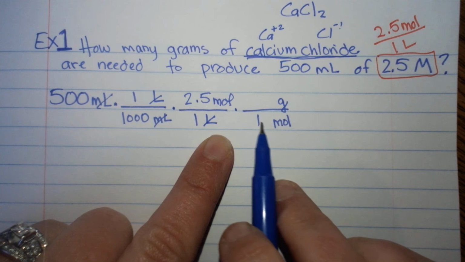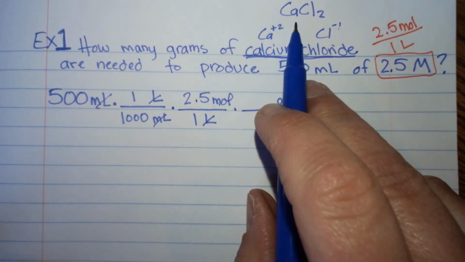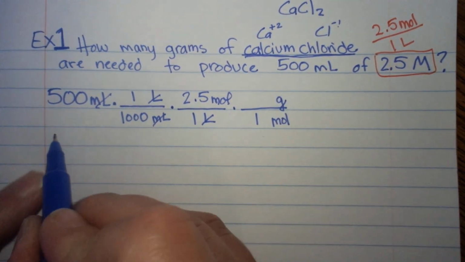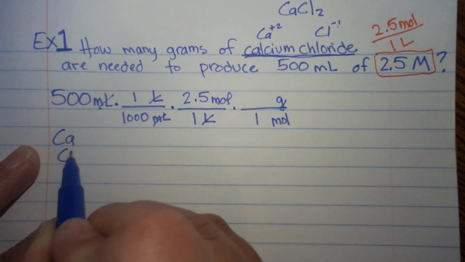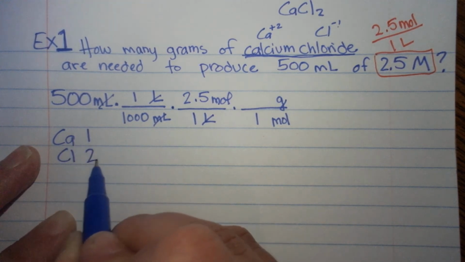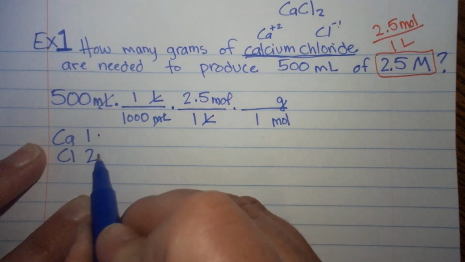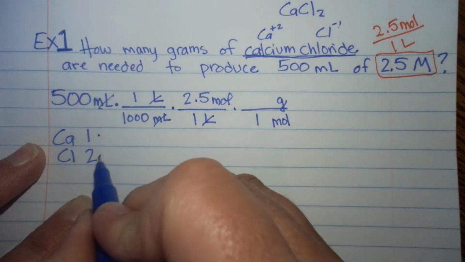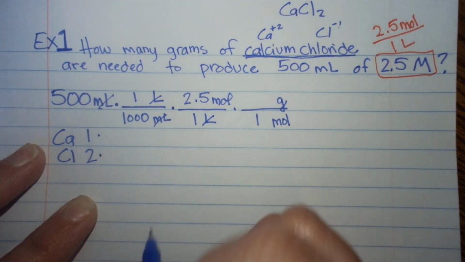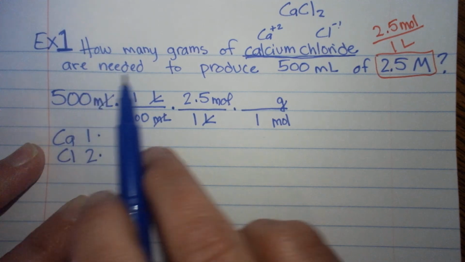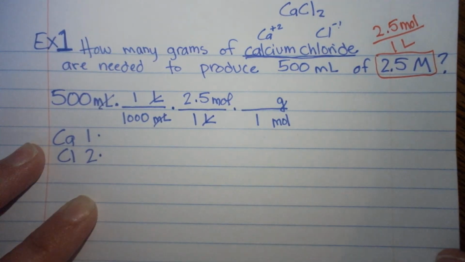I need to find the molar mass of this calcium chloride. So let's do that down here. I had 1 calcium, I have 2 chlorines. 1 calcium is, we'll just do, what many significant digits were given? Just 2.